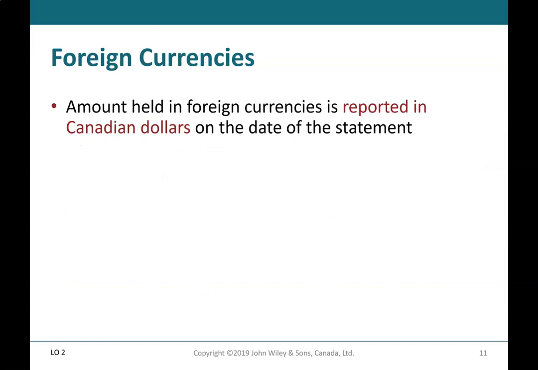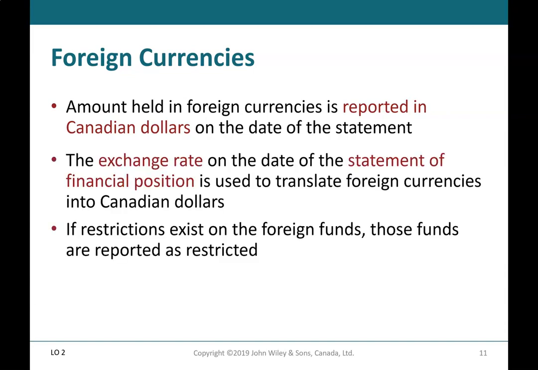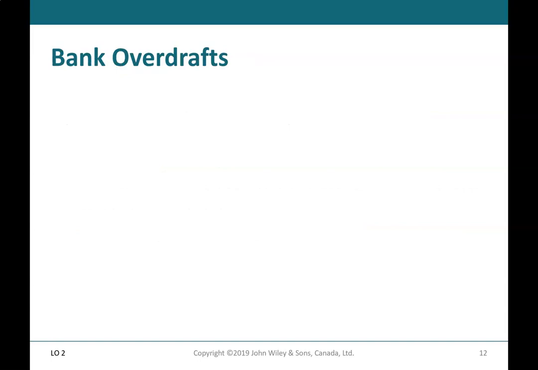Foreign currencies: amounts held in foreign currencies are reported in Canadian dollars on the date of the statement. The exchange rate on the date of the statement of financial position is used to translate foreign currencies into Canadian dollars. If restrictions exist on the foreign funds, those funds are reported as restricted.